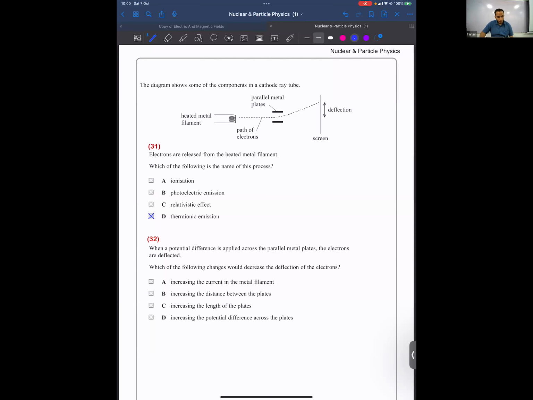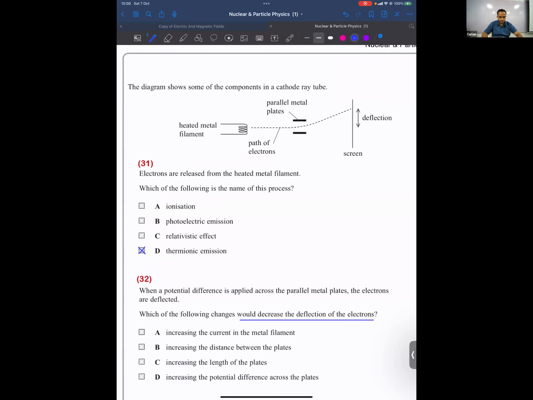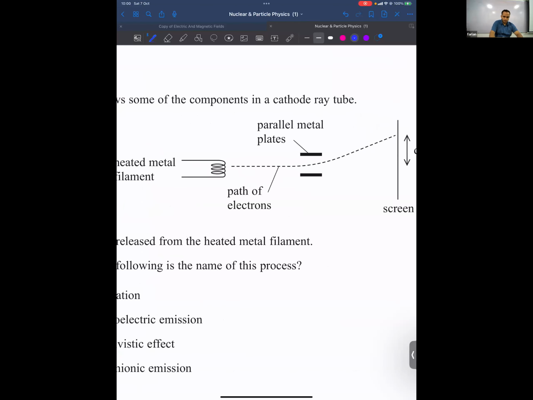When a potential difference is applied across the parallel metal plates, the electrons are deflected. Which of the following changes would decrease the deflection of the electrons? Okay, guys, now listen to me. These are two metal plates. By the looks of it, this plate is at a positive potential and this plate is at a relatively negative potential.